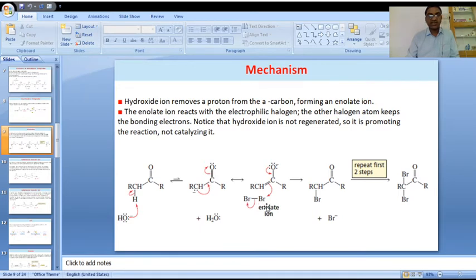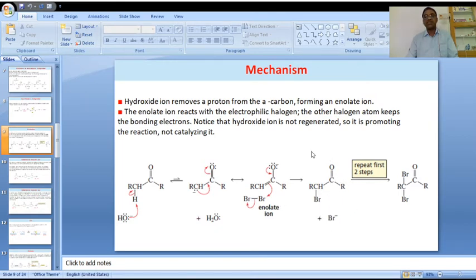This Br plus electrophile attacks and bonds with the alpha carbon. The pi bond cleaves and bonds with the Br plus electrophilic halogen. The other halogen atom keeps the bonding electrons and turns into a bromide anion, which is removed from the reaction.